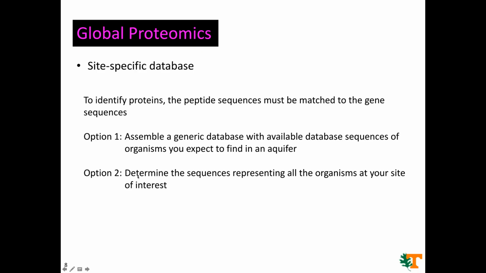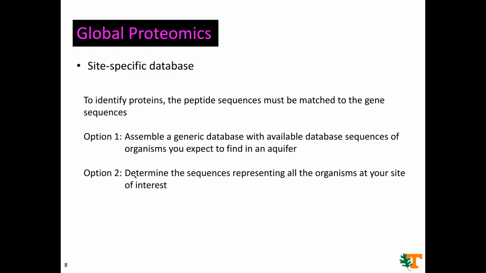A better approach would be that you actually determine all of the sequences that are in your aquifer. Okay, you determine all of the genes that are present, and then it's very easy to match all the peptides. This can obviously also be applied to the targeted proteomics approach. So this all was a little complicated.